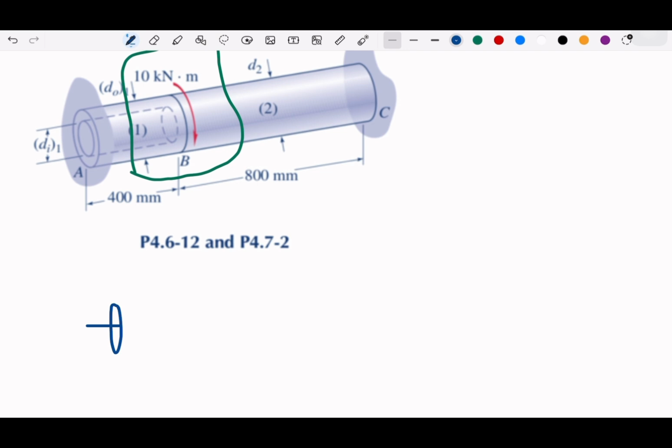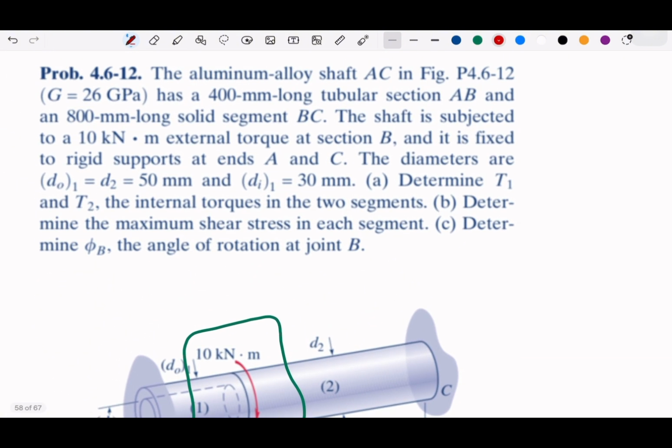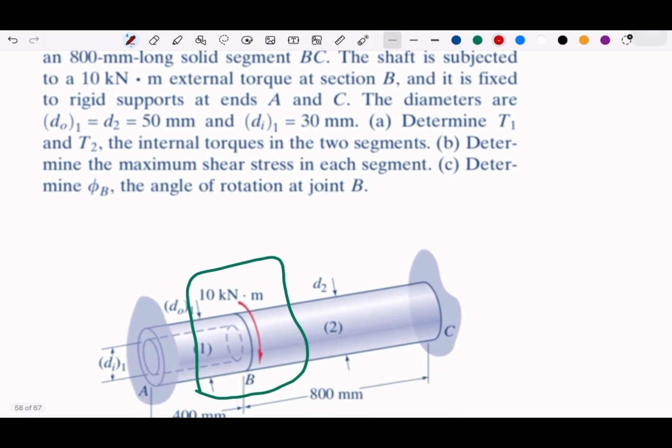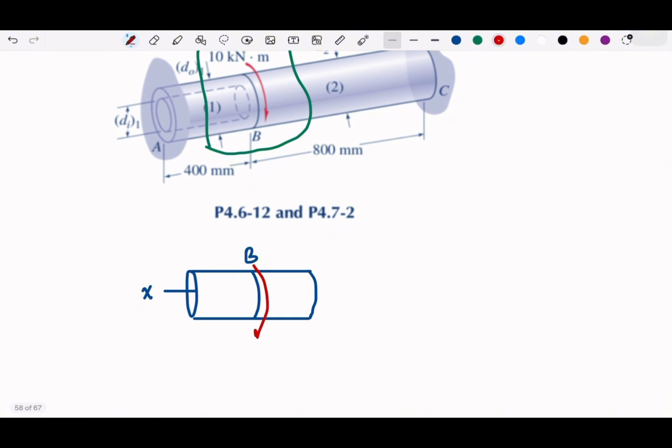Suppose this is the axis, and then this will be B in the middle. At B, we have the external torque, 10 kilonewton meter. And then we can add T1 and T2.